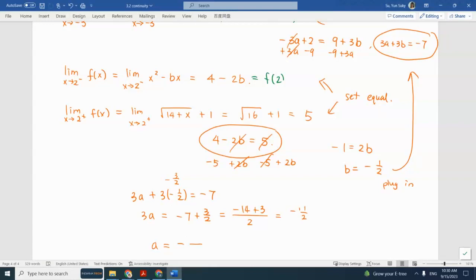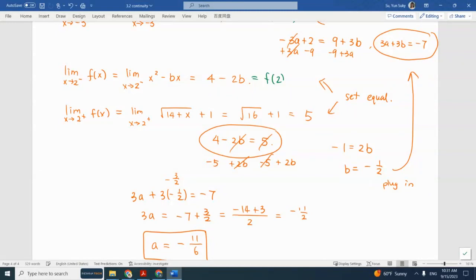Oh, what is a? Let's try not to use decimals. Let's use fractions. So this is -11 over 2. That's 3a. So when you divide it by 3, what do you get? -11/6.